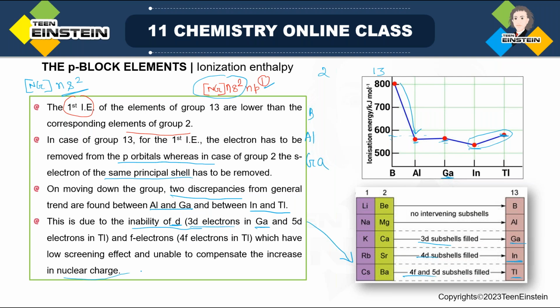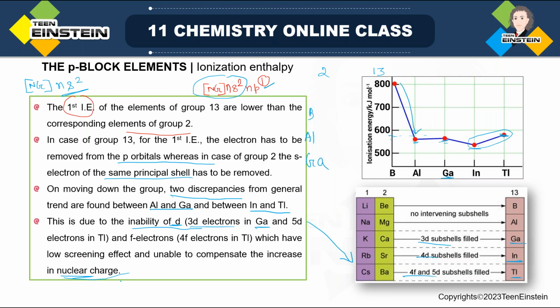It is true that when you move down the group, because of the increase in atomic number, the nuclear charge, the positive charge, the proton number I am talking about, is very high. But another factor is there: when you move down the group, size increases. If we compare these two factors, the increase in size and the increase in nuclear charge, in most groups, in the s block also as you have seen, the increase in atomic size can compensate for the nuclear charge.